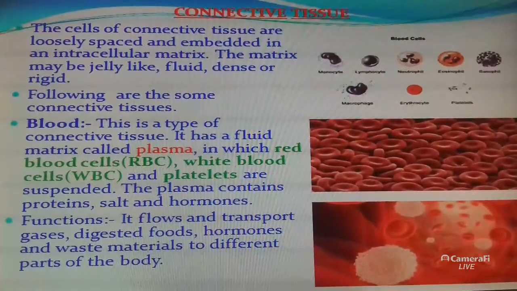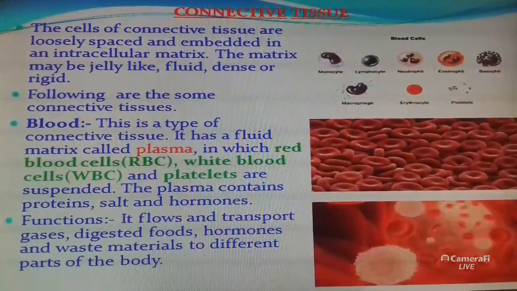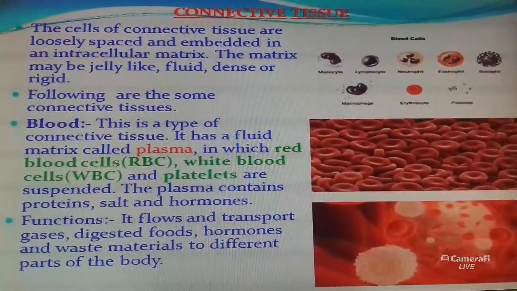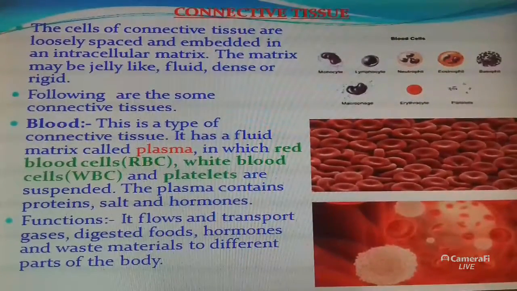In fluid matrix, blood is an important type of connective tissue, as I have already discussed. Blood is formed of two components: plasma and blood cells. Plasma is a light yellow colored liquid part of blood and forms about 55 to 60%.